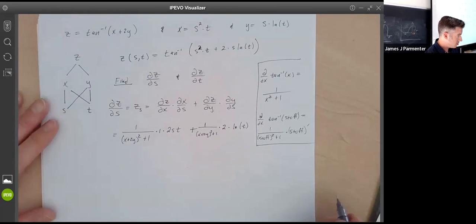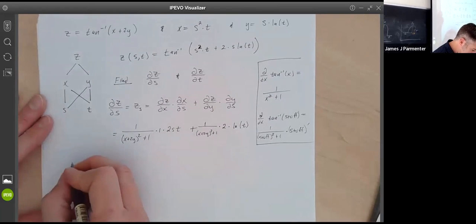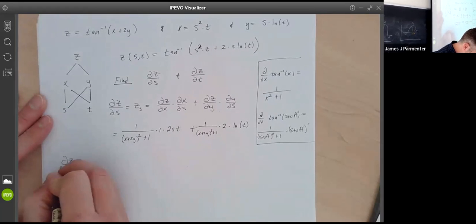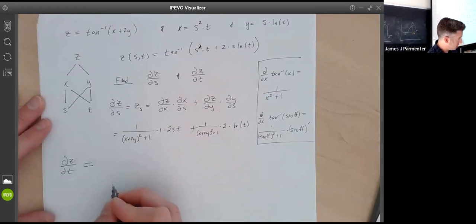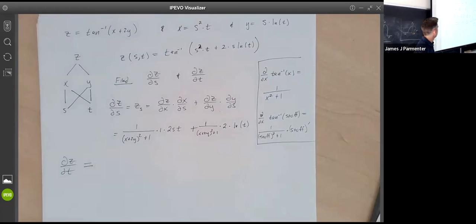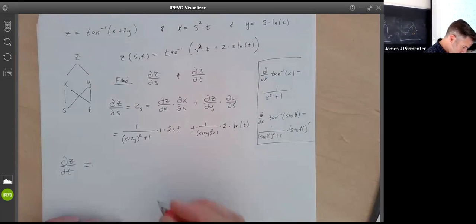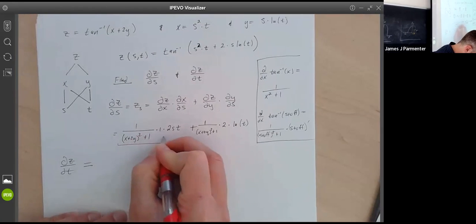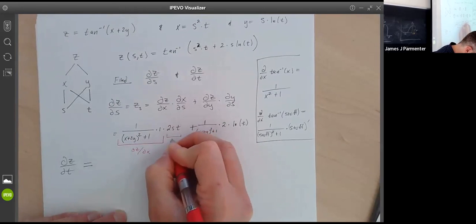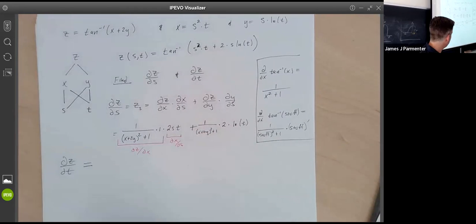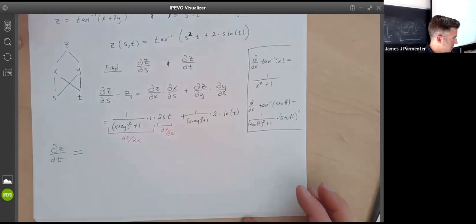I think you all should do the next one. So I want you all to find del z del t, which I will start writing out. I'll give you one. You work on it. I will point out you can definitely use part of the first one to help you with the second one.